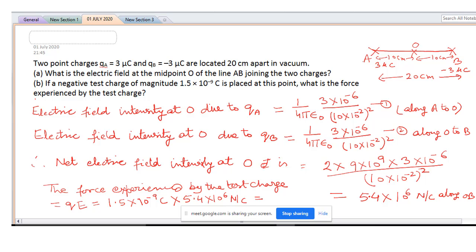After solving, this value is 8.1 into 10 to the power minus 3 Newton, along the direction BA.